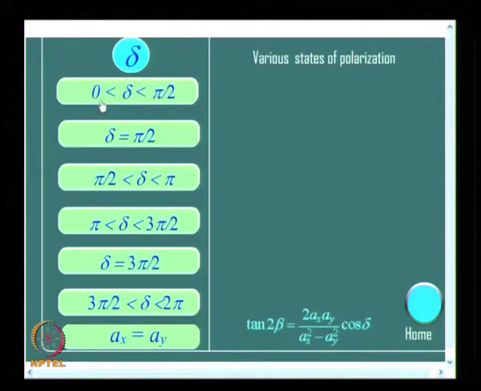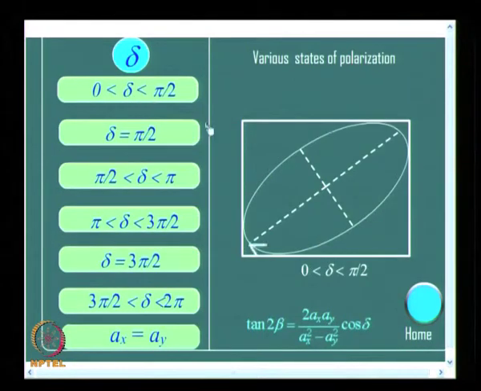And what we are looking at here is, we want to find out in the range 0 to pi by 2, when delta is neither 0 nor pi by 2, it is within this range, you have an ellipse like this. I want you to make a sketch. You will make sketches for all of these cases, and also note down that this is rotating in a clockwise direction.